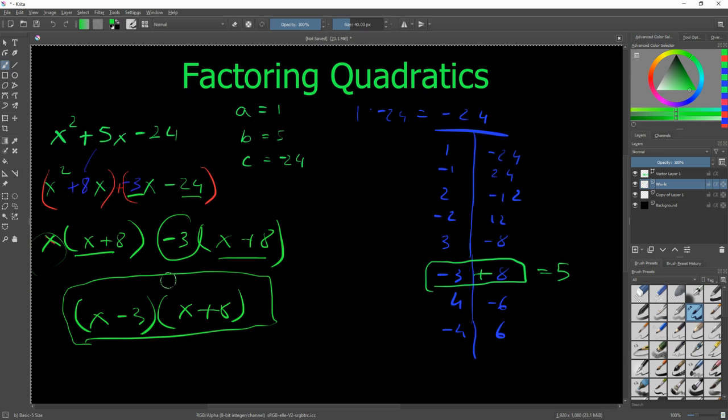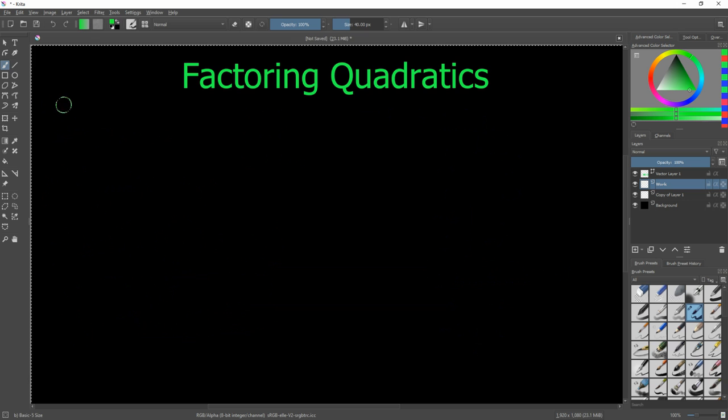I will do one more and then we'll be done. So here I have 4x squared minus 12x plus 5. A is 4. B is -12. C is 5.